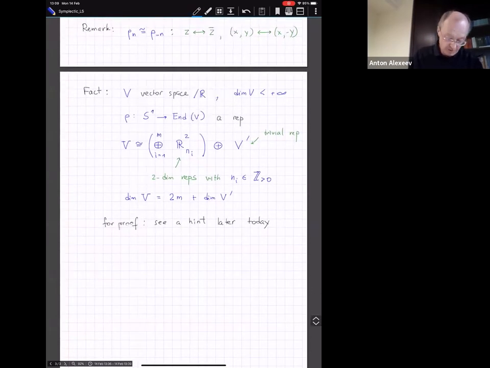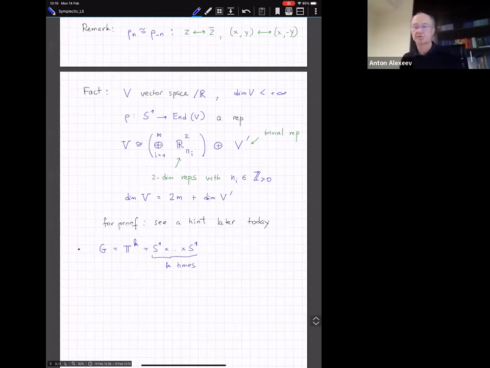Then maybe one more thing, which is also probably quite standard. Suppose we want to lift this story to the product of several copies of the circle.